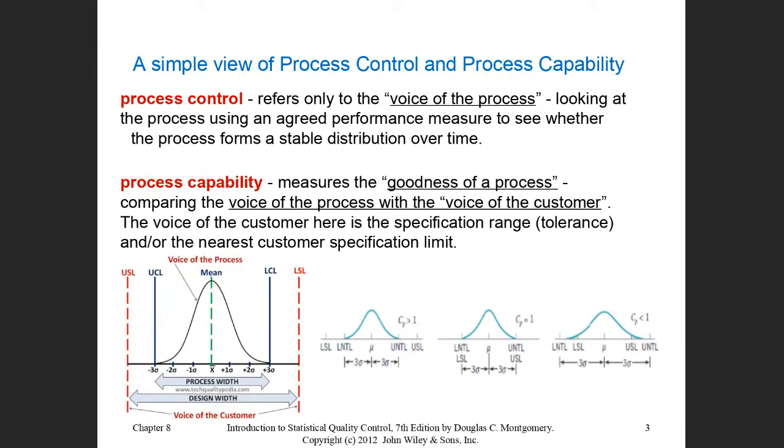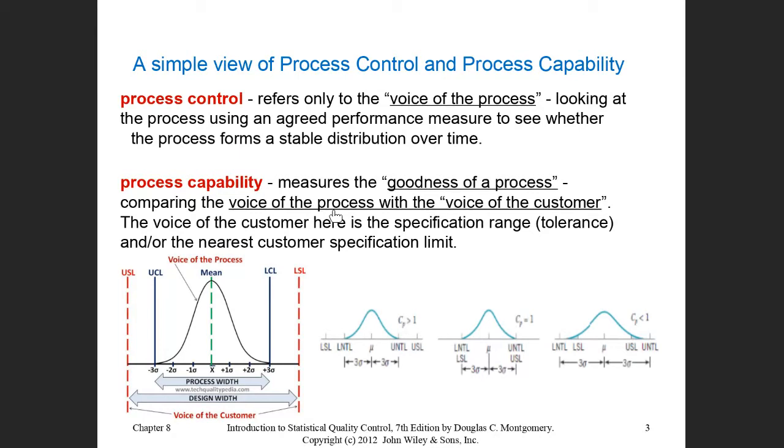On the other hand, the process capability looks at the voice of the customer. You remember when we talked in Six Sigma about the defect earlier, it has to be identified based on the customer and the process owner or the stakeholders, all of them. In the control chart, we don't do that. We have data. We put this data based on the criteria of the data. Is it variable or attribute?